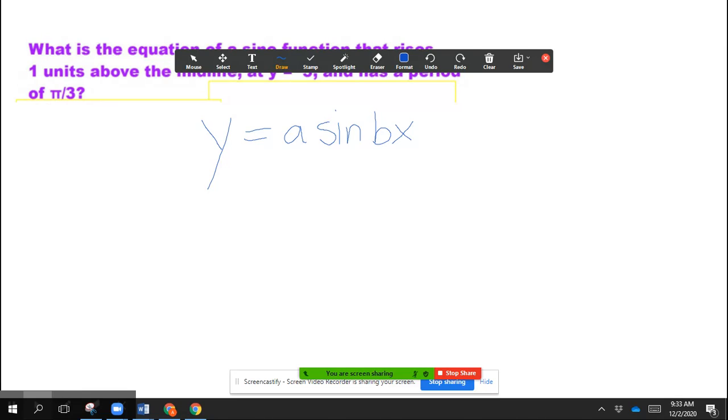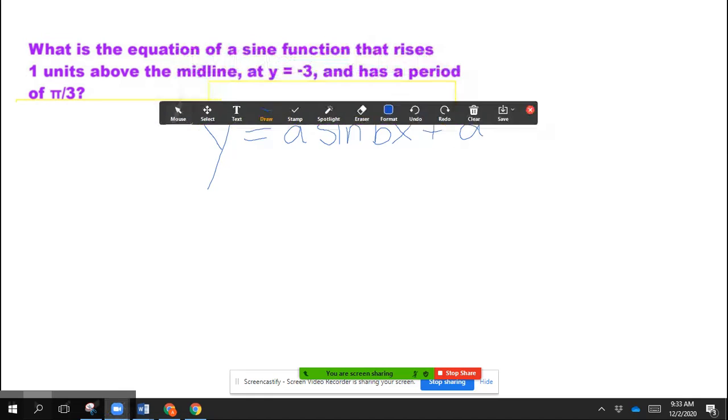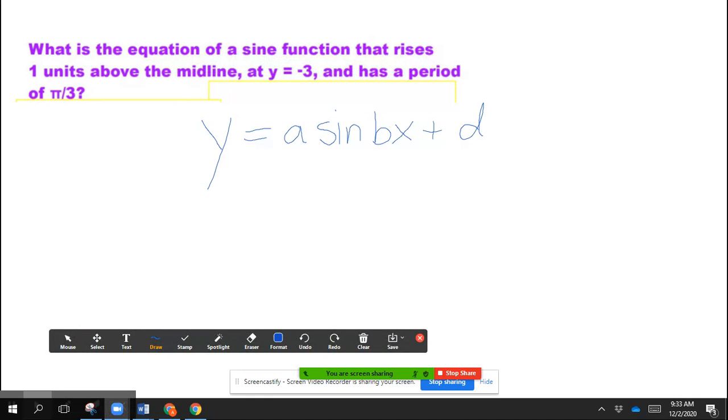So I'm going to skip over the phase shift part and just put plus d. Okay? So for this particular equation, we know that the midline is -3. So I'm going to replace the d with a -3.